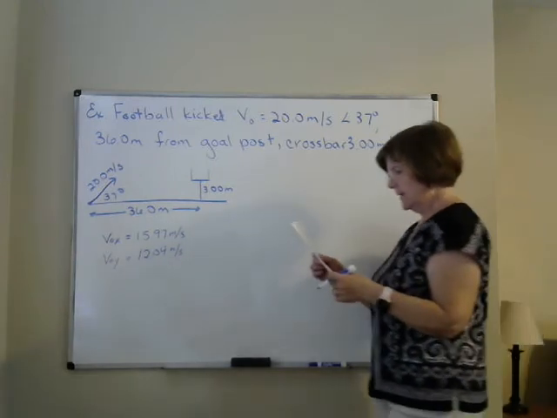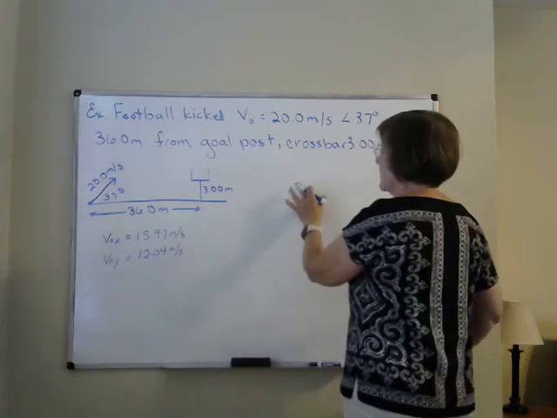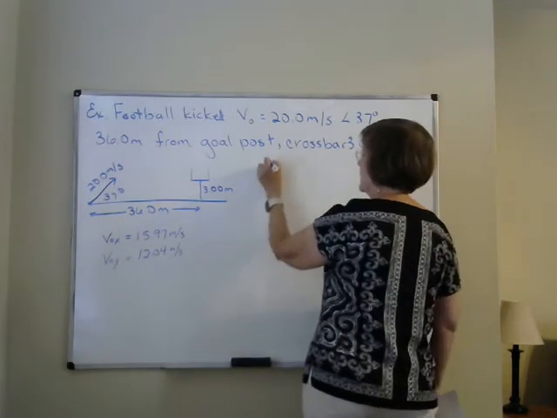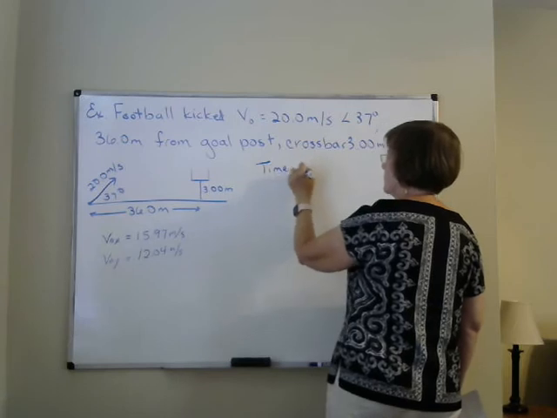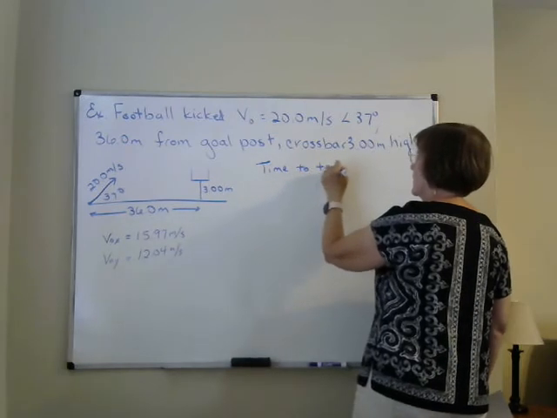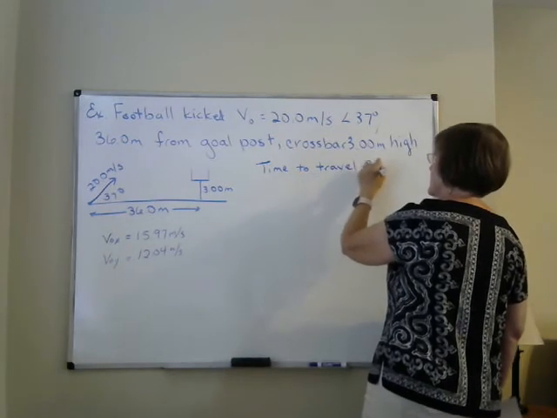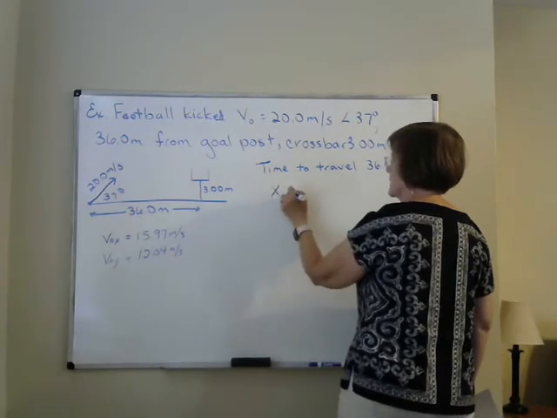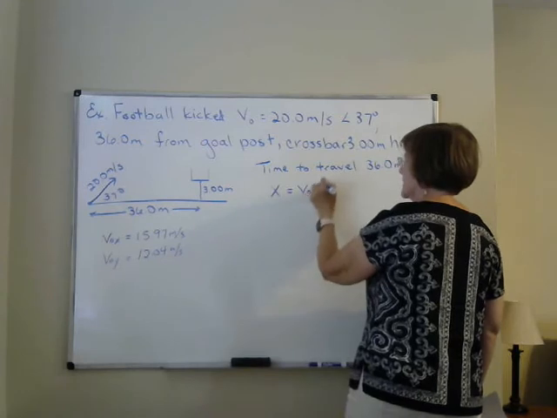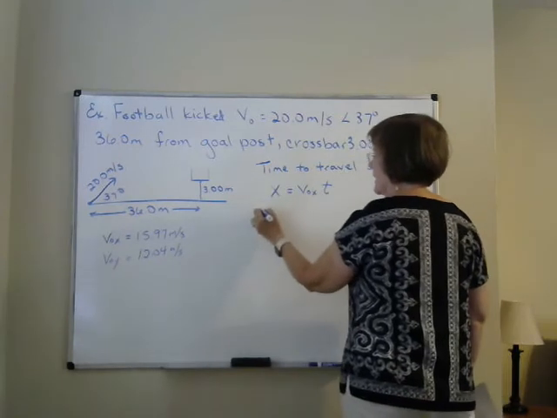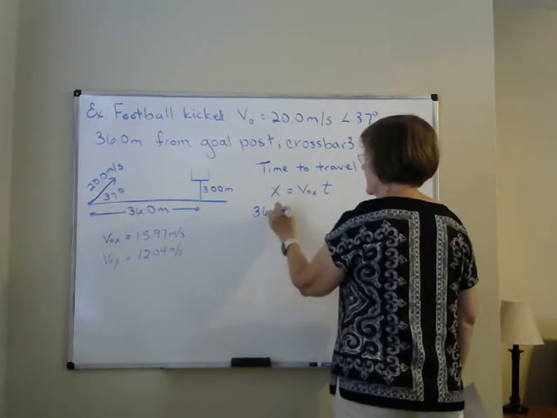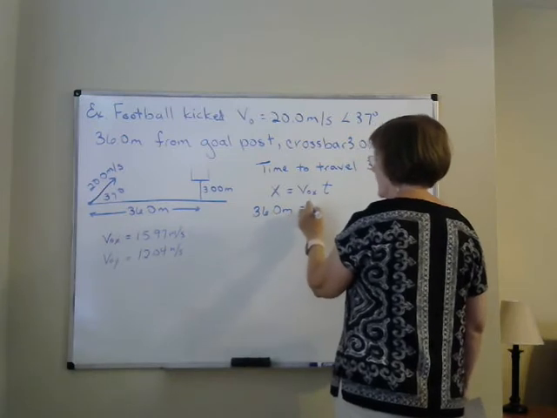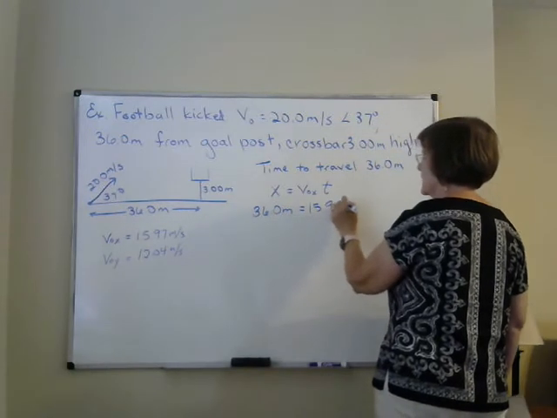If we think about it, we can figure out the time by looking at the time to travel 36 meters. We know x equals v0x times t, and it has to travel 36 meters. It's traveling at 15.97.